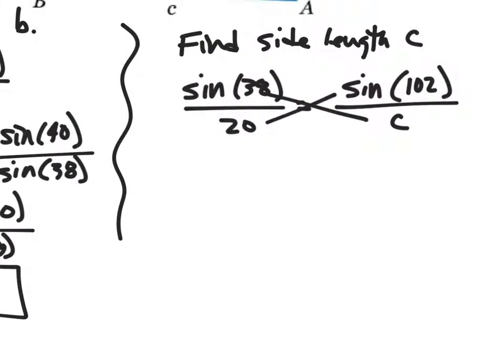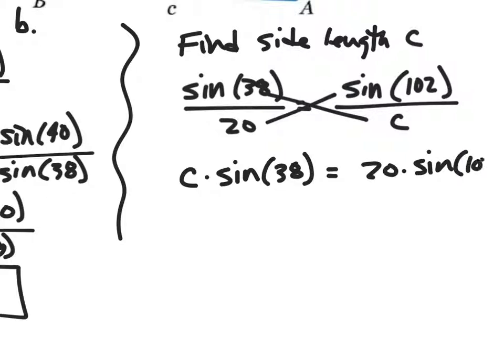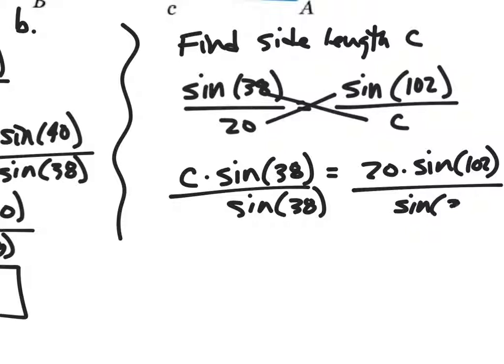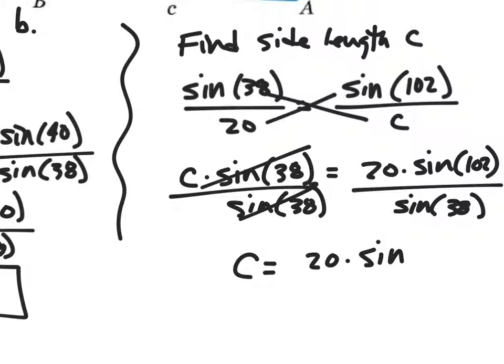So I've got C times sine of 38 is equal to 20 times sine of 102. Divide by sine of 38. So we get that C is equal to 20 times sine of 102 divided by sine of 38.